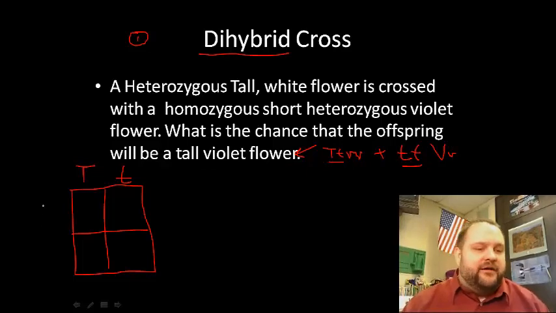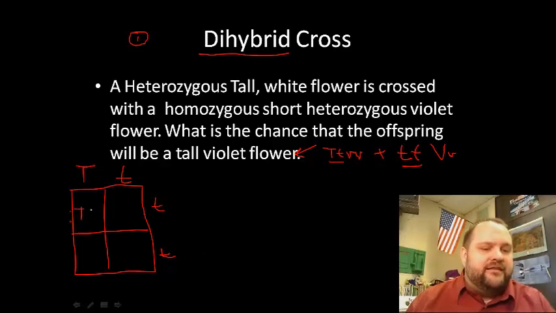And over here I'm going to put the other parent. Whoops, I don't know why they're disappearing off the side. Maybe I can write it over here. Little t, sorry about that. I usually write them on the left side. So now I cross this one's big T, little t, with little t.